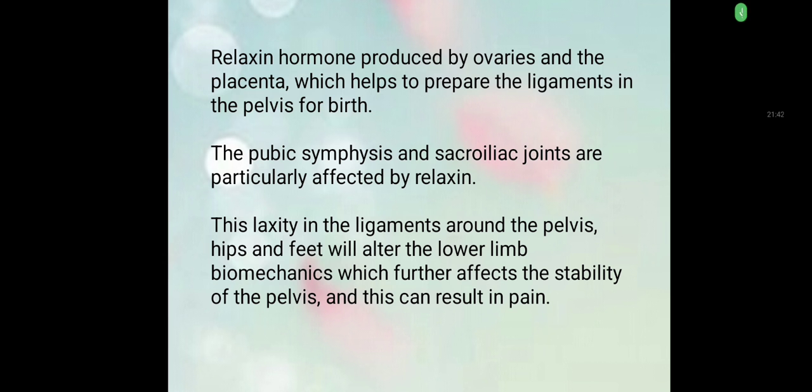Relaxin is a hormone produced by ovaries and placenta, which prepares ligaments and pelvis for the birth process. The pubic symphysis and sacroiliac joints are particularly affected by relaxin. This ligament laxity will affect lower limb biomechanics and further affect gait, pelvic stability, and result in pain.